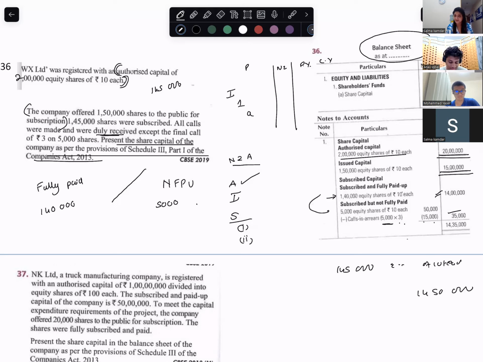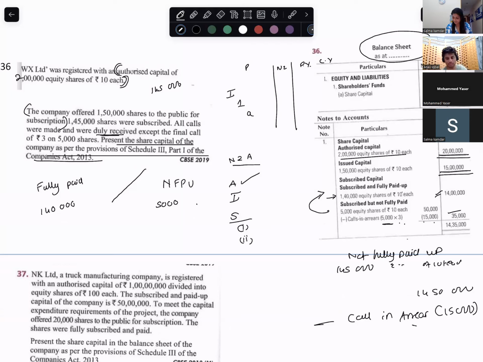Everything can be going in subscribed and not fully paid up, minus calls in arrears, 5,000 into 3, 15,000. Are you with me?